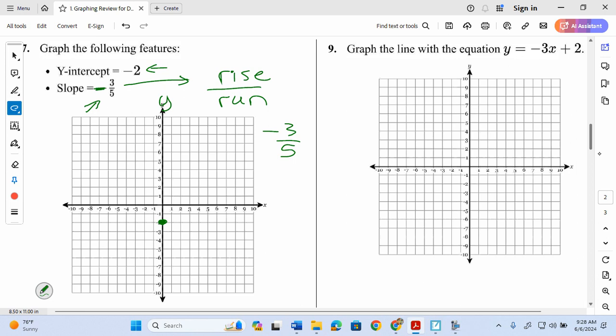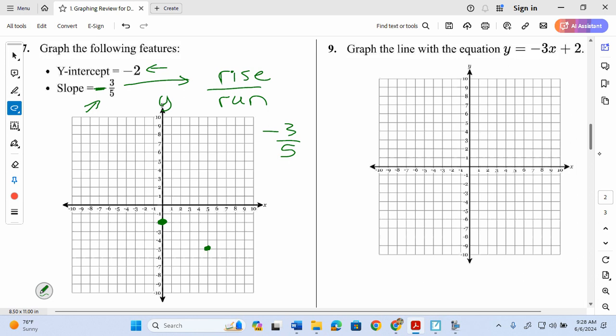It just makes it easier to make that negative part of our rise. So from the point that we just graphed, we're going to go down 3. Instead of rising, the negative tells us to fall down 3. So we're going to go 1, 2, 3. And then we're going to run to the right 5: 1, 2, 3, 4, 5.